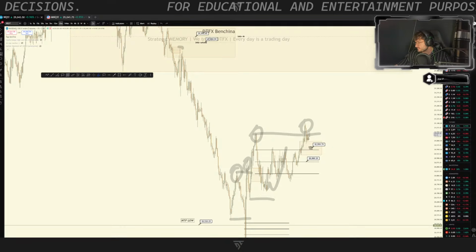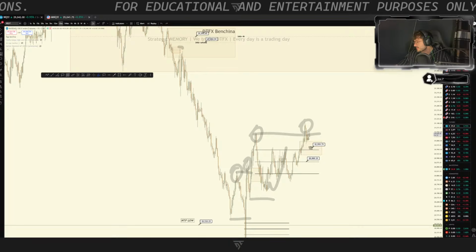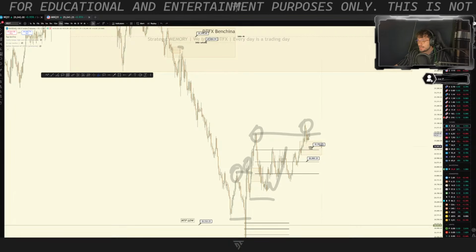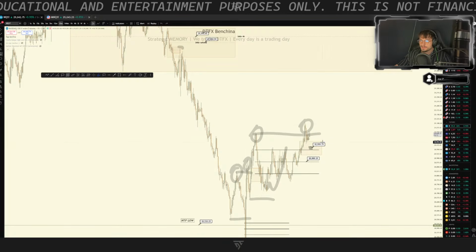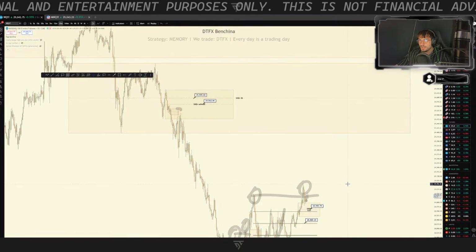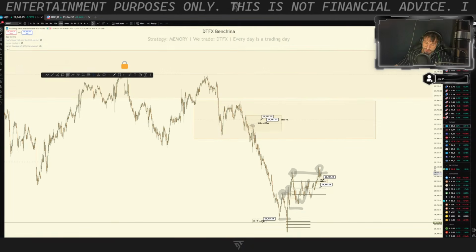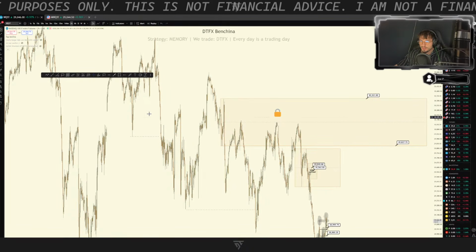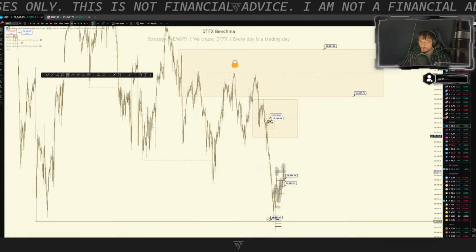Whatever you backtested, right? I am marking out that zone though. So the SNDR for the higher time frame, I think it was the hourly. Yeah, the hourly. We have 1, 2, 3.